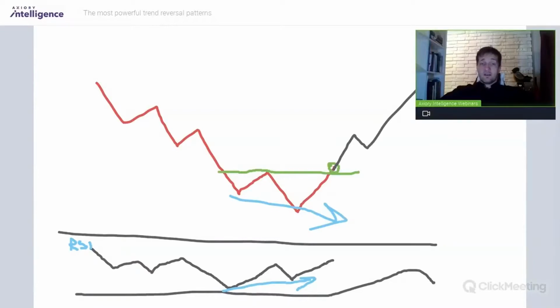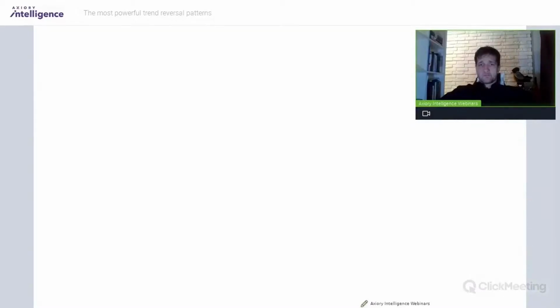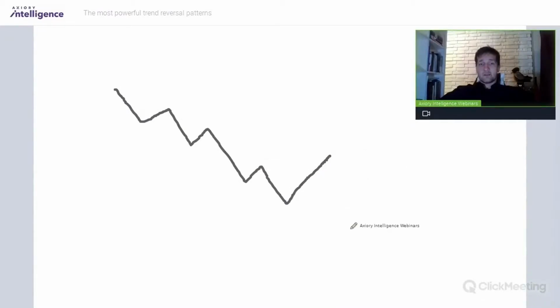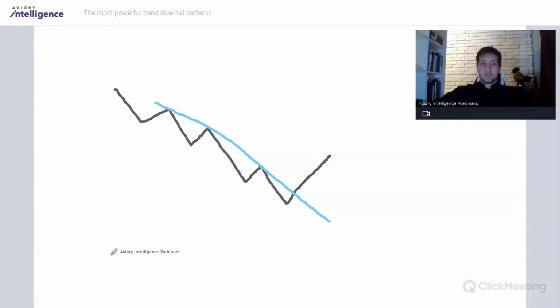Okay. Double tops and double bottoms sometimes can be extended into triple tops or triple bottoms. Pretty much, as you may expect, the situation is similar. So here is the neckline, and here is the indicator.